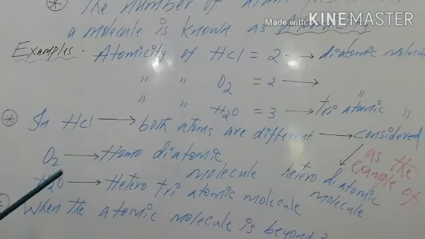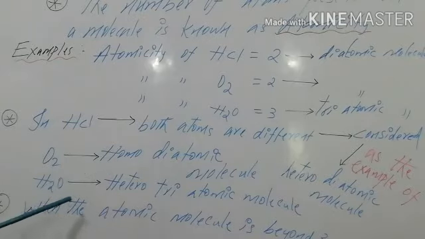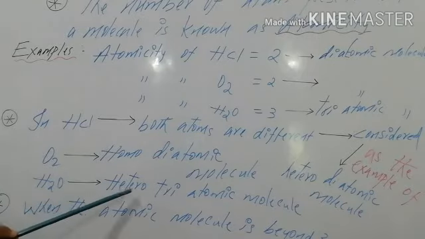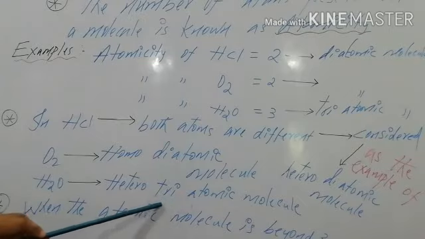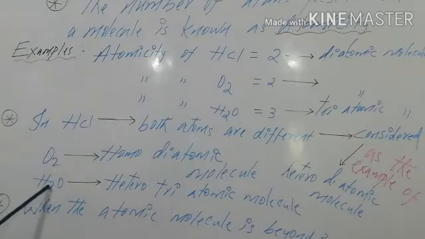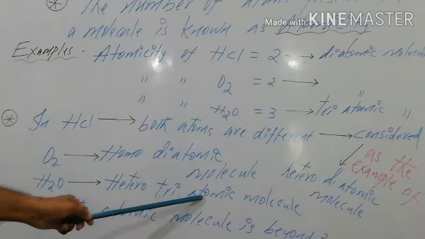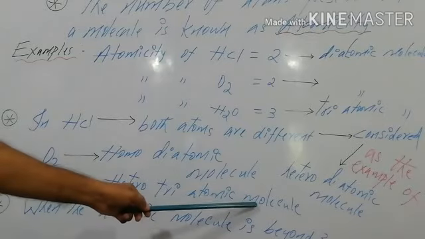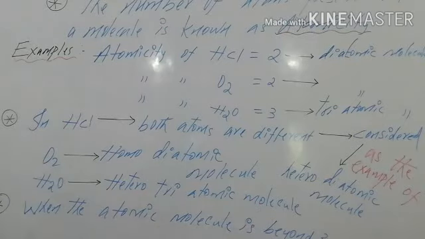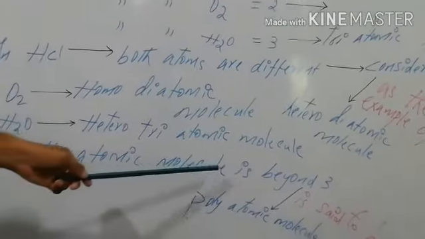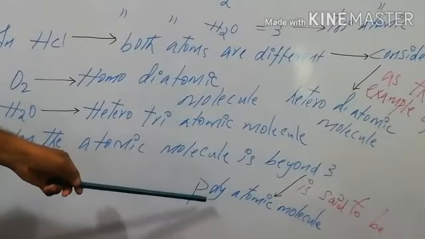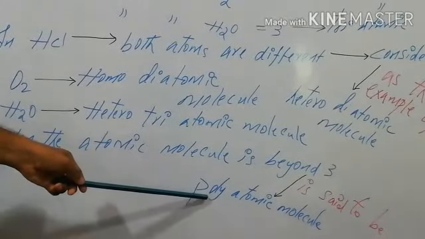That is the reason we used the prefix homo. What about water? Water contains 2 hydrogens and 1 oxygen. That means it is hetero and it contains 3 atoms. That is the reason it is called a heterotriatomic molecule. When the atomicity is beyond 3, it is said to be a polyatomic molecule.